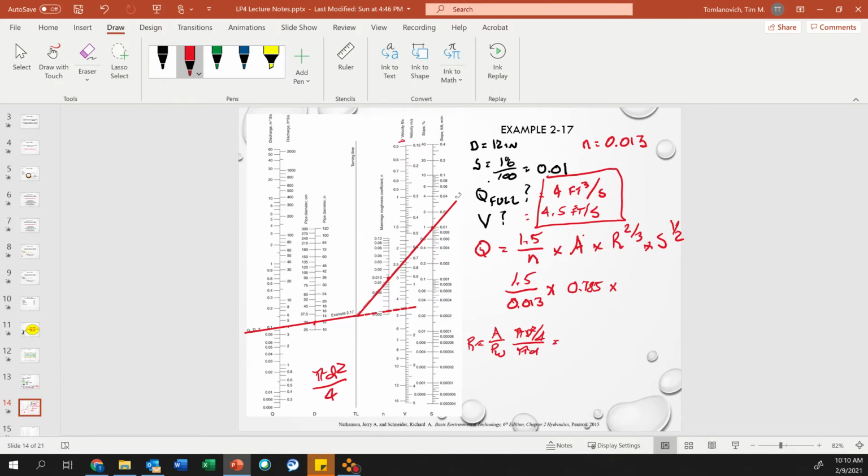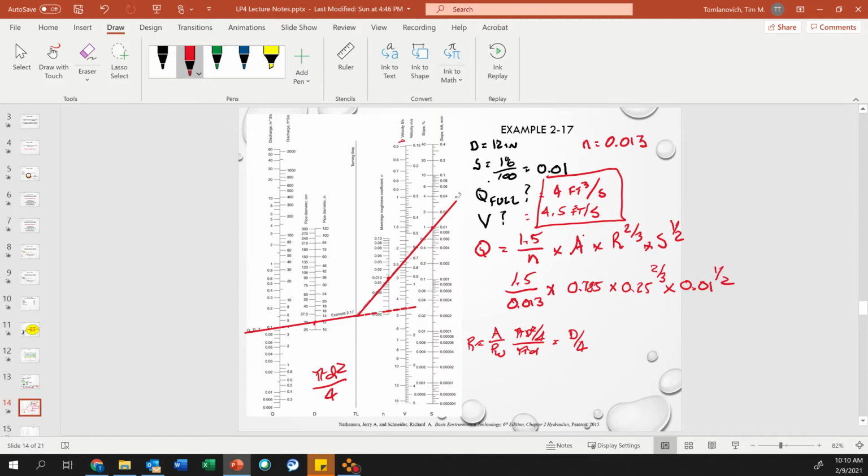If we cancel terms out, we end up with d over 4, which is nice. So 1 divided by 4 is 0.25. This is really handy: when a pipe is full, you can use d over 4. Then 0.25 raised to the 2/3 times my slope, 0.01 raised to the 1/2.